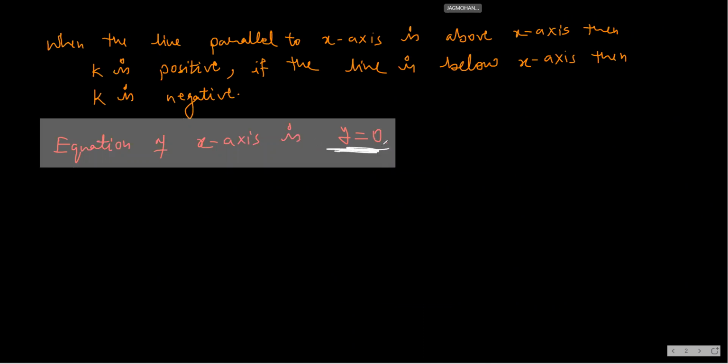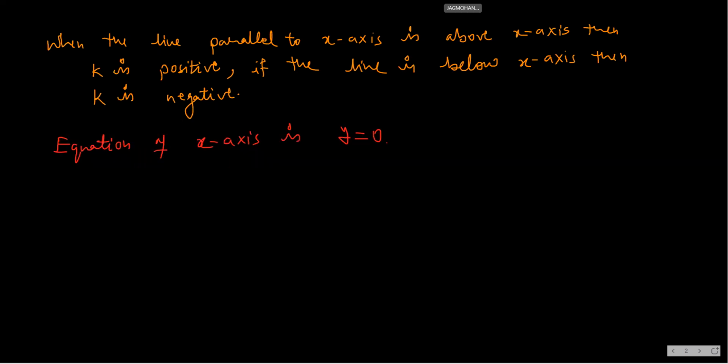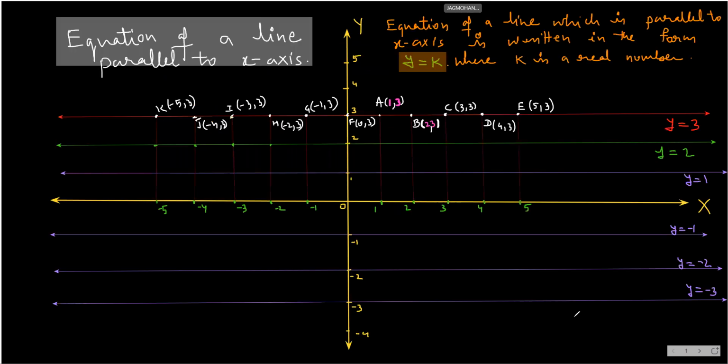Okay, there is one more reason. If someone asks you why the equation of x-axis is y equals 0, then you can simply say because every point on x-axis has y coordinate 0. See, this point is 5, 0. This point 4, 0. This point 4.5, 0. Like this point 2, 0, 3, 0.